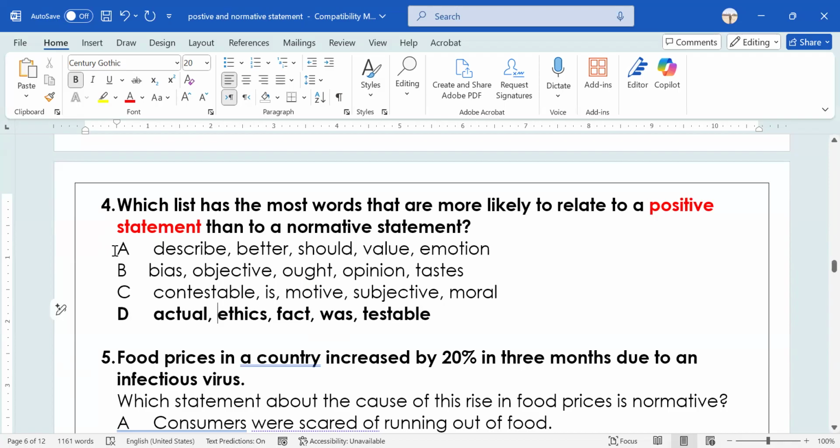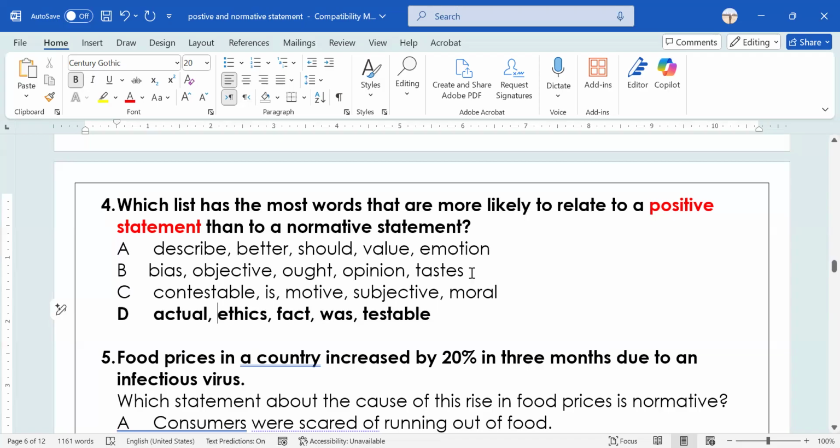Because when we say better, should, value, emotion, it all signals opinions or feelings for letter A, which are normative. When we say B, bias, objective, ought, opinion, taste, it's all about subjectivity.